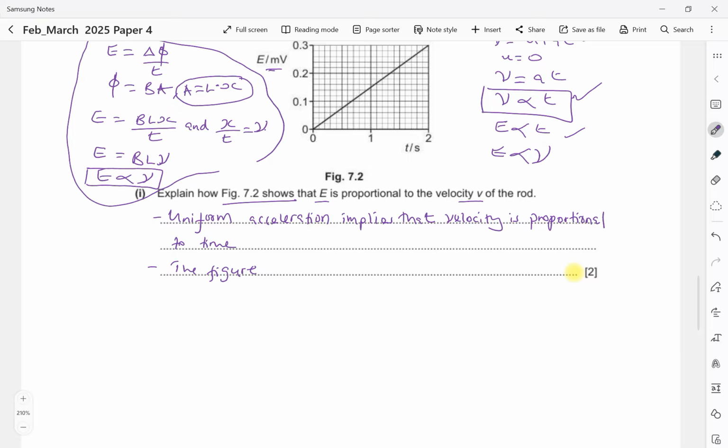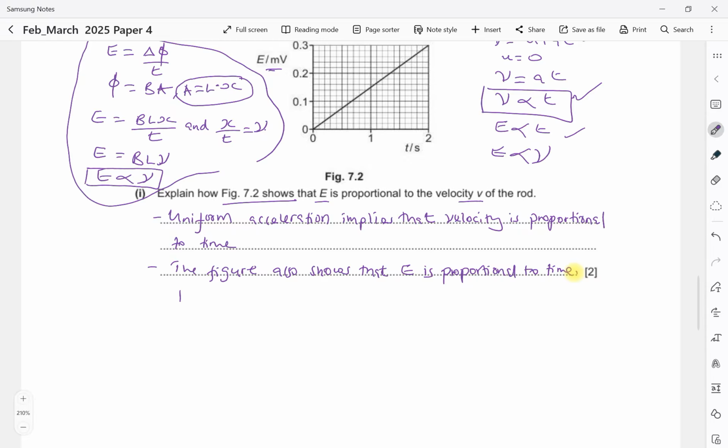The figure also shows that E is proportional to time.